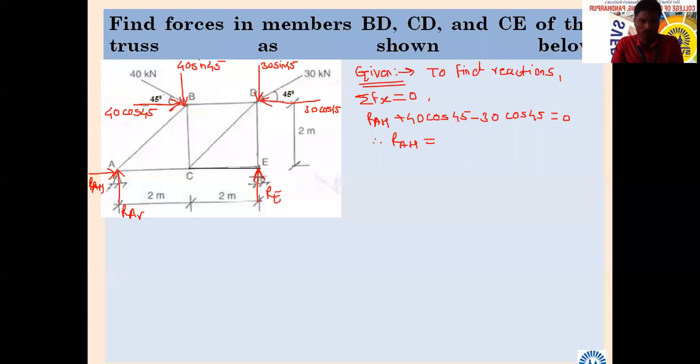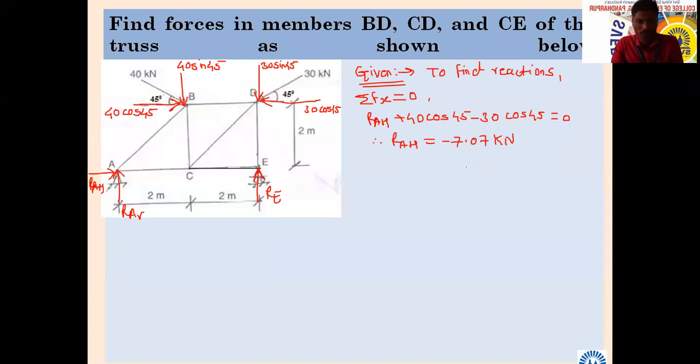7.07, plus or minus? Minus 7.07 kilonewton. What does the minus sign indicate?